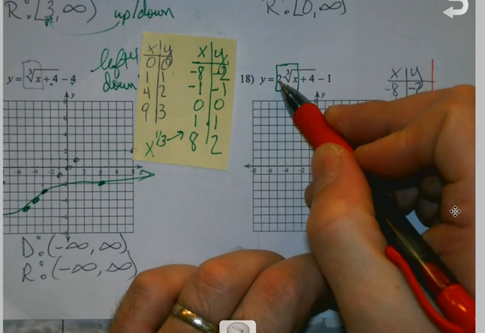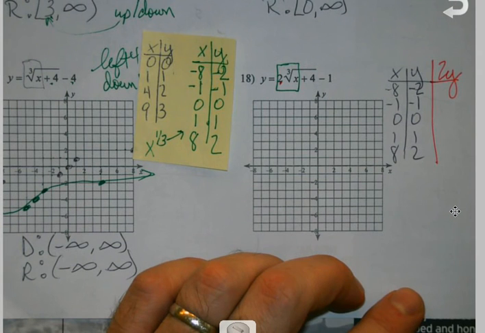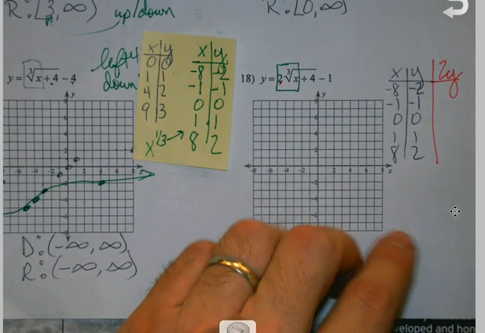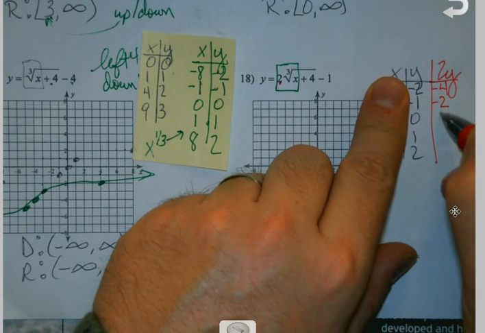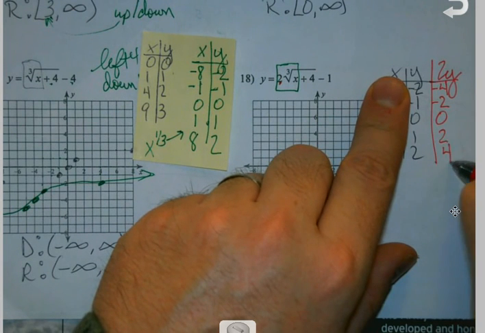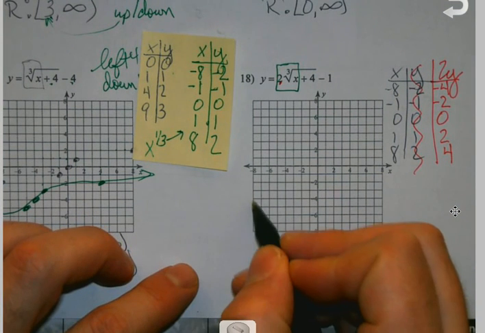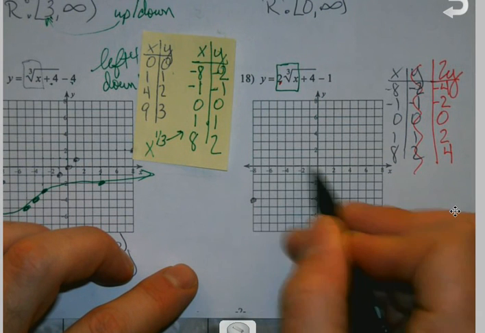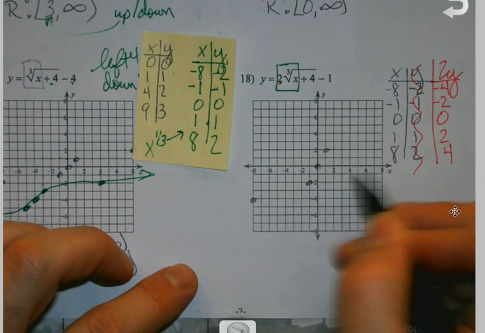And since I have a stretch number of 2 in front, all my y values are going to get multiplied by 2. So -4, -2, 0, 2, 4. So let's see here. -8, -4, 0, 4, 8.